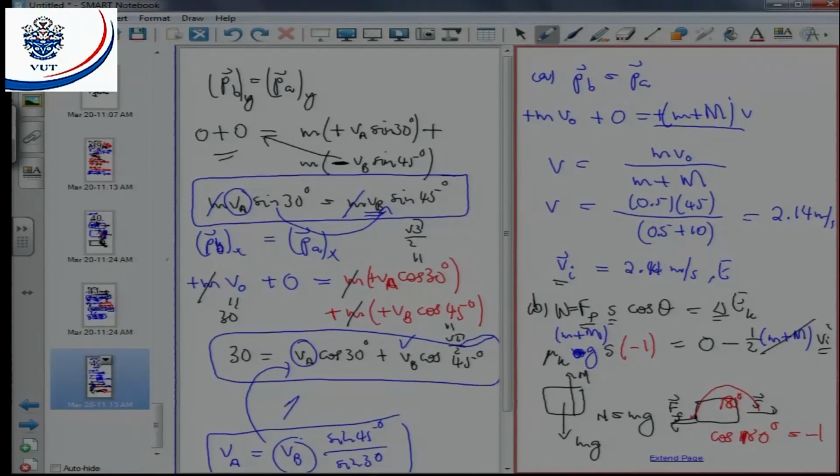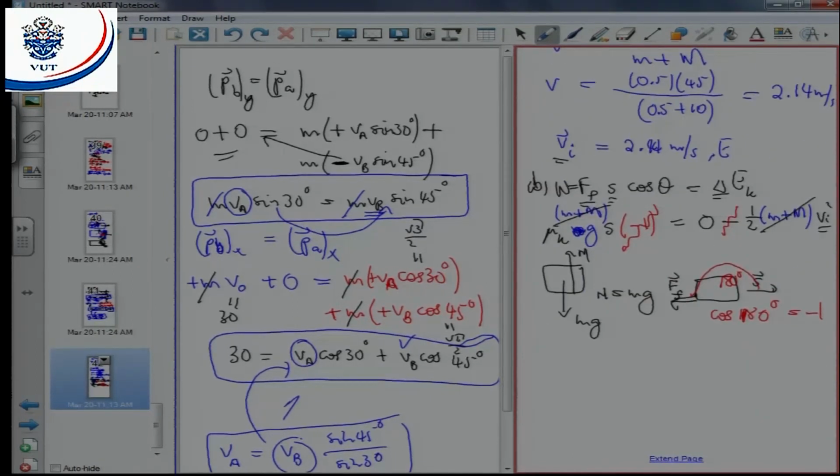So the m plus M cancels on both sides. The minus 1 cancels that minus. So what we are left with is that S equals vi squared over 2 mu k g.